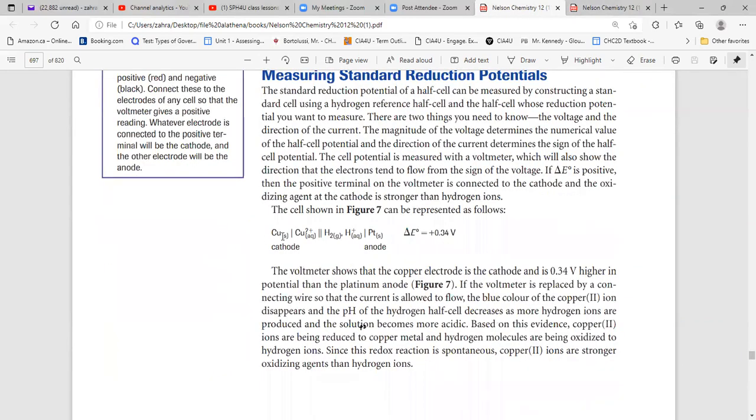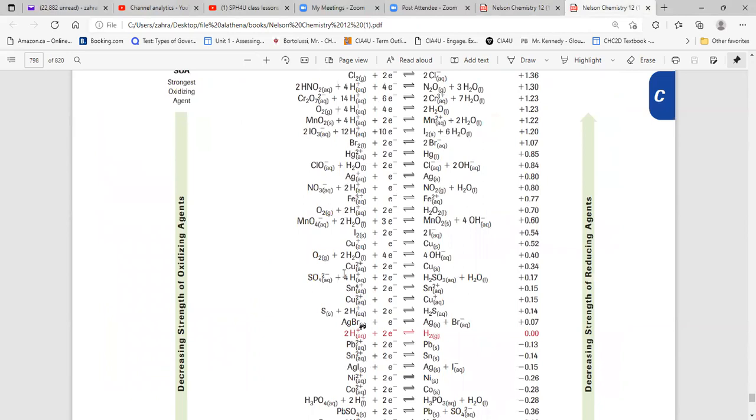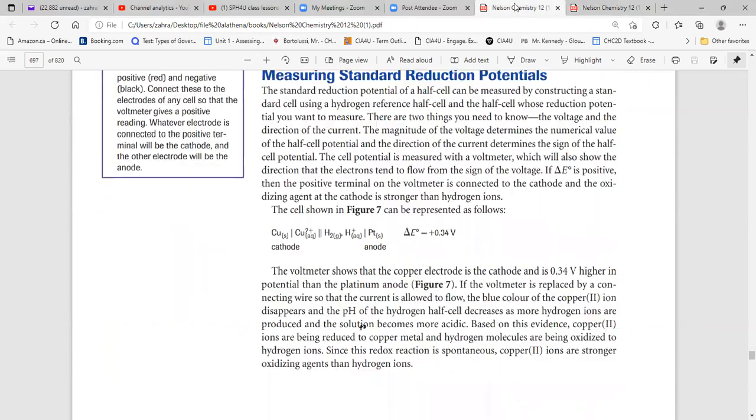For example, for Cu and H, when we have that, the Cu will be your cathode and H will be your anode. So you know it's cathode minus anode. The cathode is Cu, right? Cu is 0.34 minus the anode, which is hydrogen, is 0. So 0.34 minus 0 is 0.34.